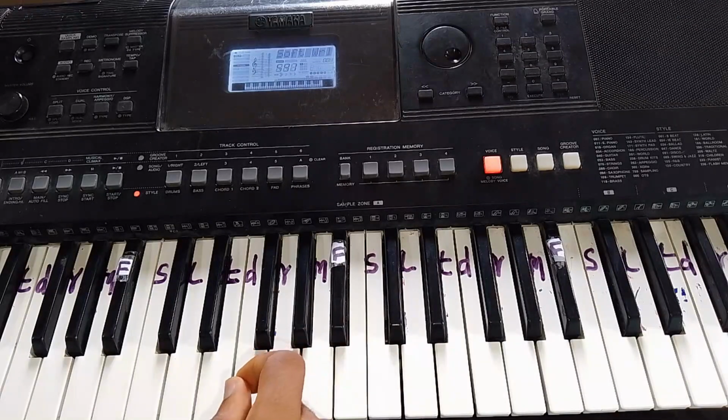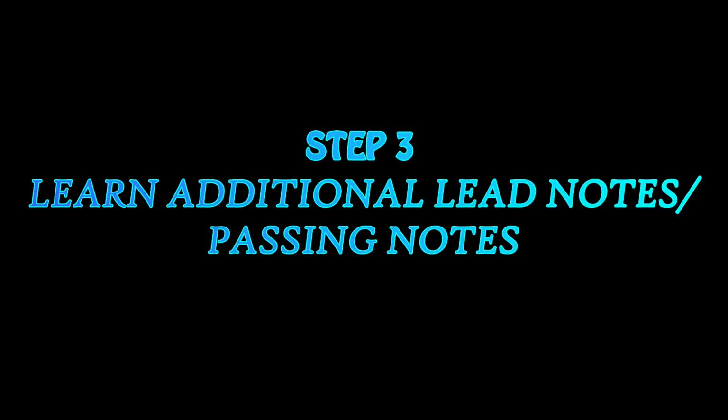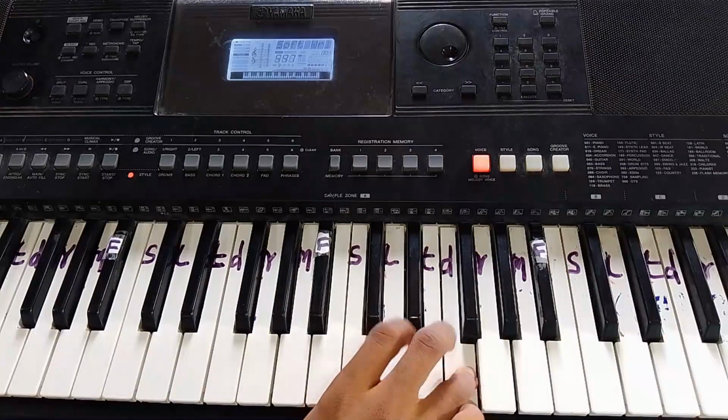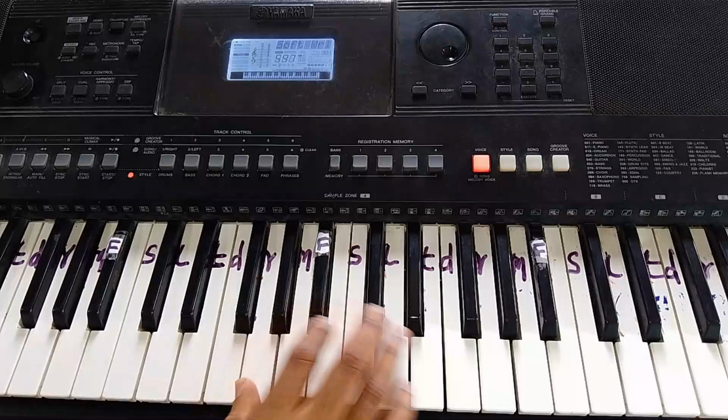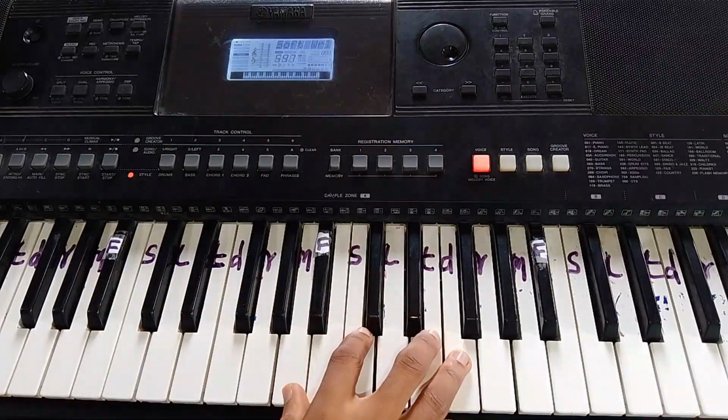What we'll learn now is I'm going to give you some additional notes which you can use to play each of the chords. The first note I'm going to add to my chord progression is going to be re. So this is do. Let me explain it more.